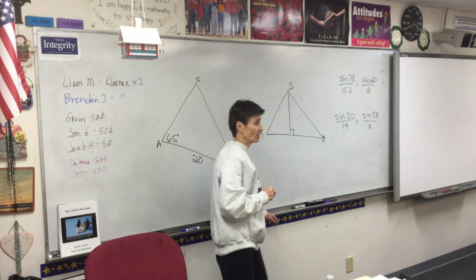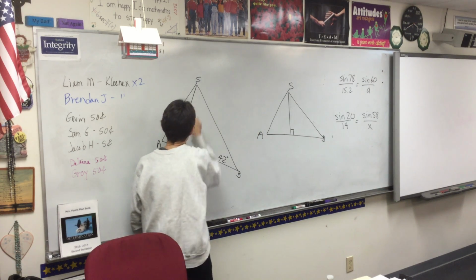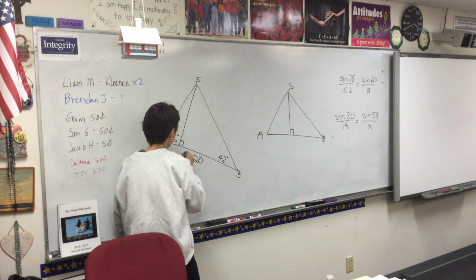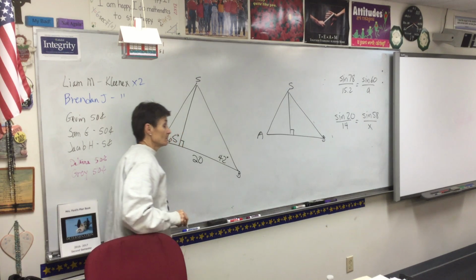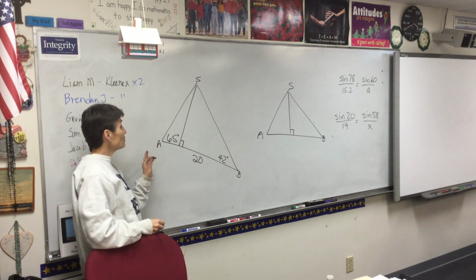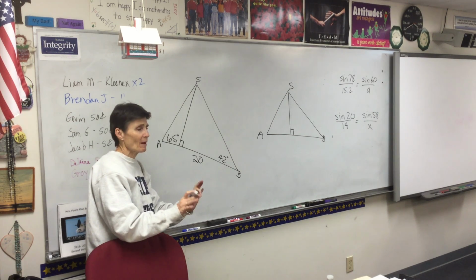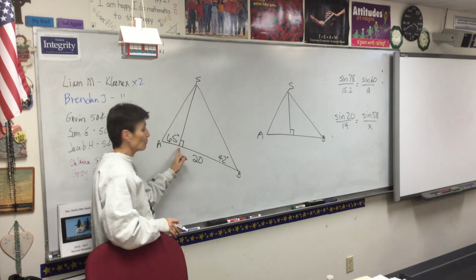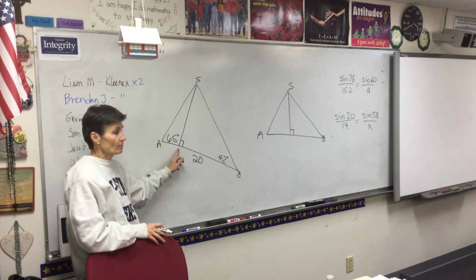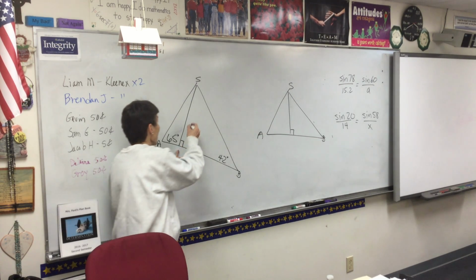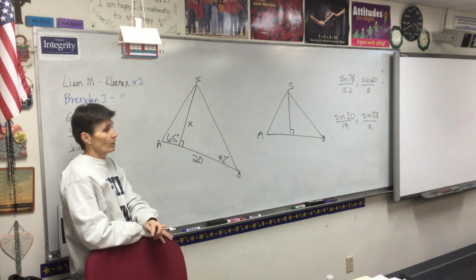That's the perpendicular. So I've got to drop a perpendicular down here. Don't get all screwed up about where you drop it. Just make a right angle in that picture, and that is what you are looking for.